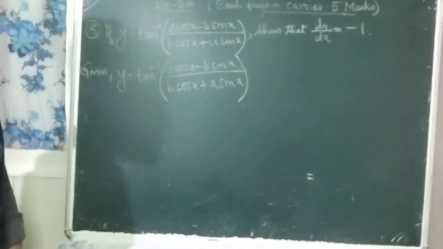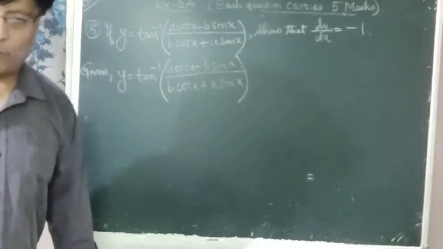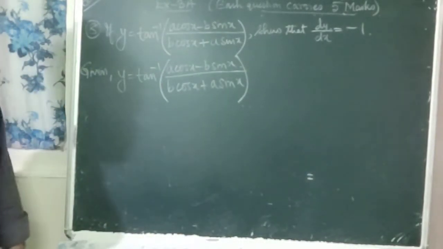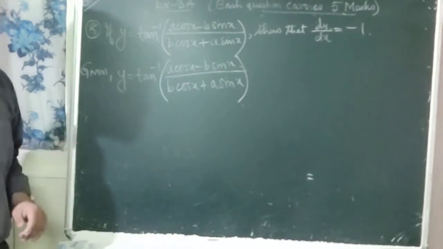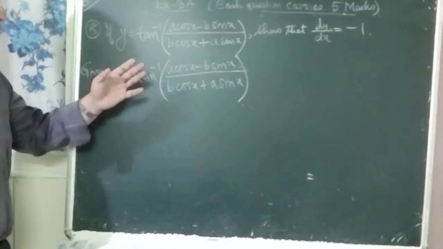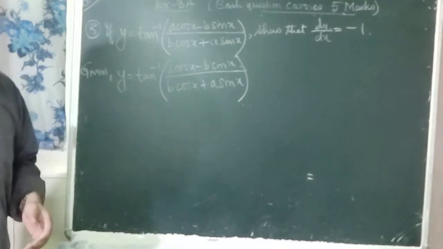Okay. So now in this case you have to use a formula from inverse circular function. Here you cannot do the trigonometric substitution because cos x and sin x are already given out there.